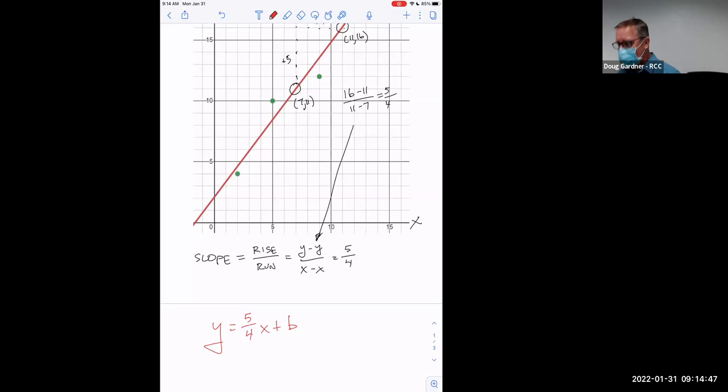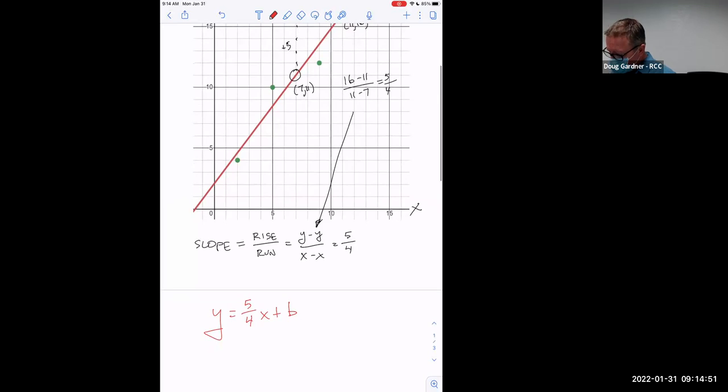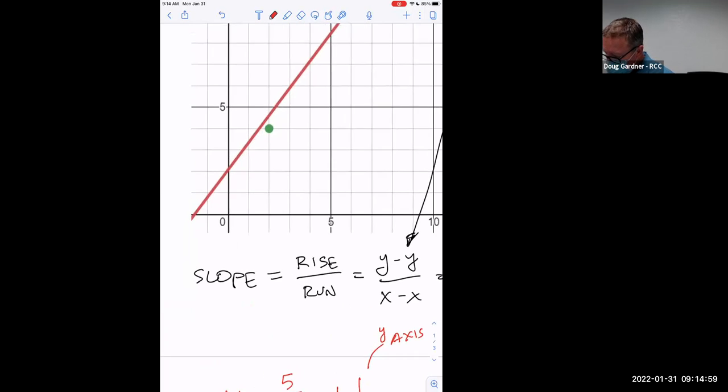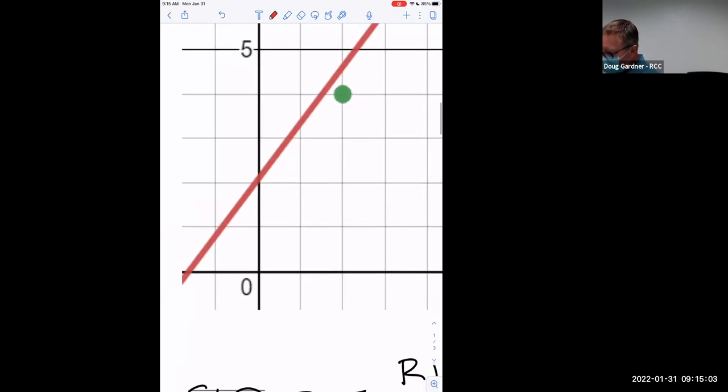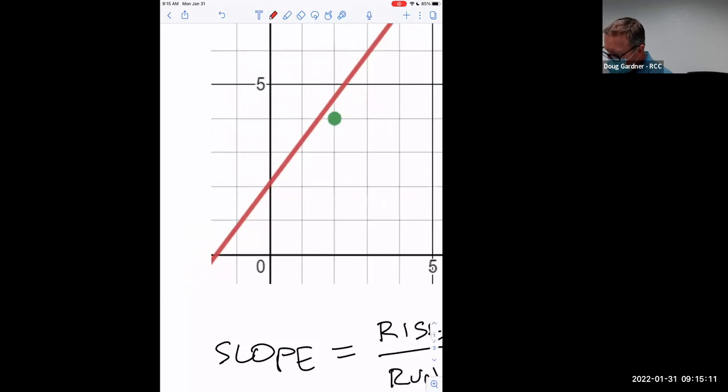I know the equation of my line looks like that, y equals 5/4 x plus something. We've been saying that this is where it crosses the y-axis. Notice I can look at this and see that it crosses, well, notice it's pretty close to 2, but it's a hair above it. If I was to guess, I'd probably say 2.1 or something like that. But this is kind of cool because you don't have to guess.